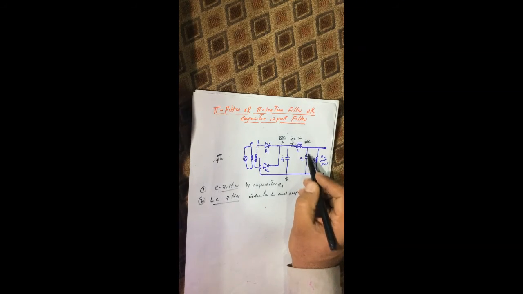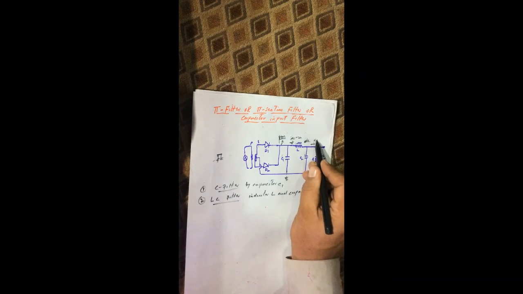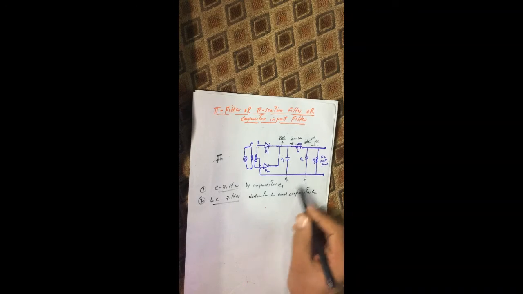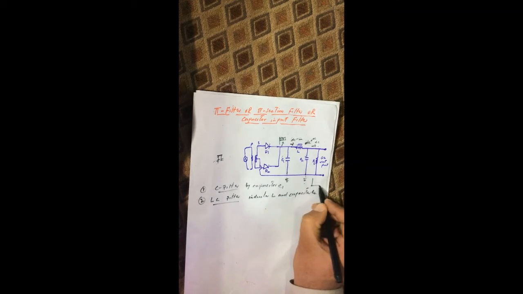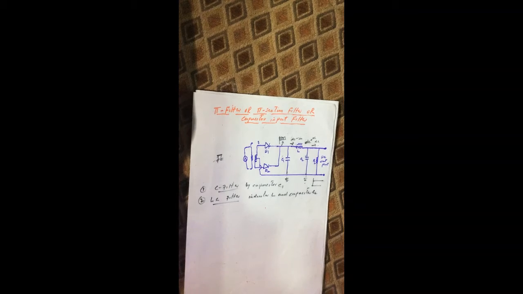Once it passes through this capacitor, this capacitor blocks DC, so pure DC will pass through this way, while the small variation present here will be grounded by this capacitor. So in the output we have pure DC voltage. The output will look like this. It's pure DC. This is the working principle of this filter.